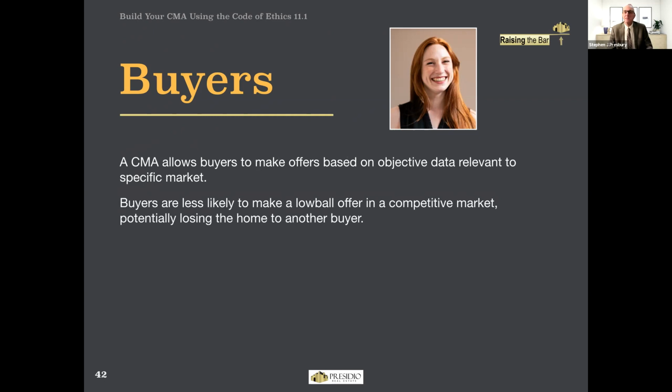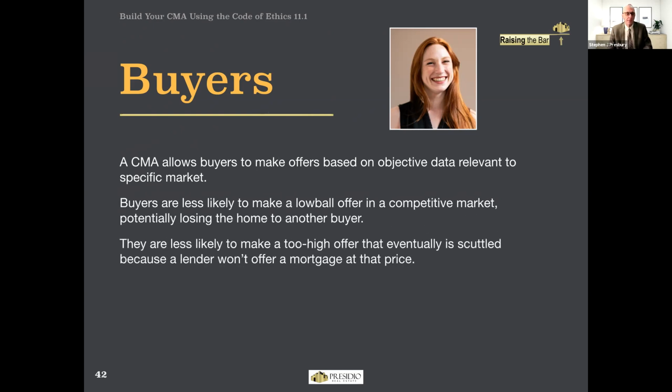So if they can see a CMA and you say to them, this house is probably worth what the seller is asking, and here's the reason, because I've done a comparative report on these other houses in the same area, and the price is coming out at this price, which is more or less what they're asking for. Usually if buyers can understand that, they will not make a lowball offer, which can be very frustrating to the agent and the seller.